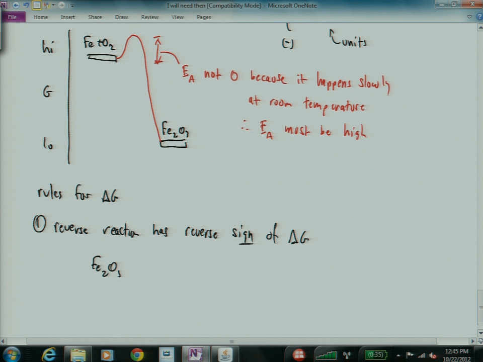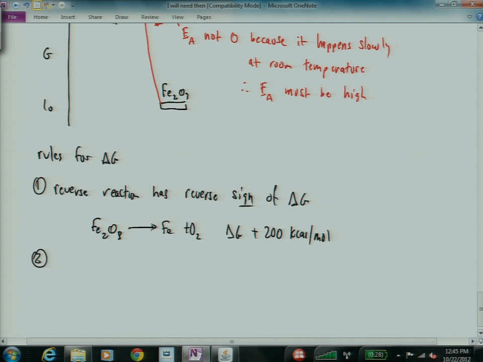The delta G is positive 200 kcal per mole. Right? So you can use them sort of algebraically.